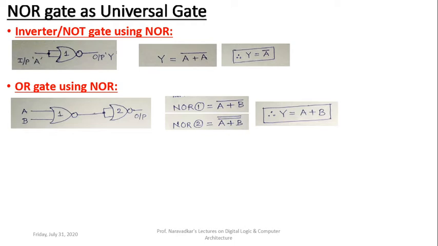Next, the third gate which we want to design by using NOR is the AND gate. AND gate using NOR. In the just earlier OR gate design, that inverter was put up on the output side. The second gate was an inverter, put up on the output side.